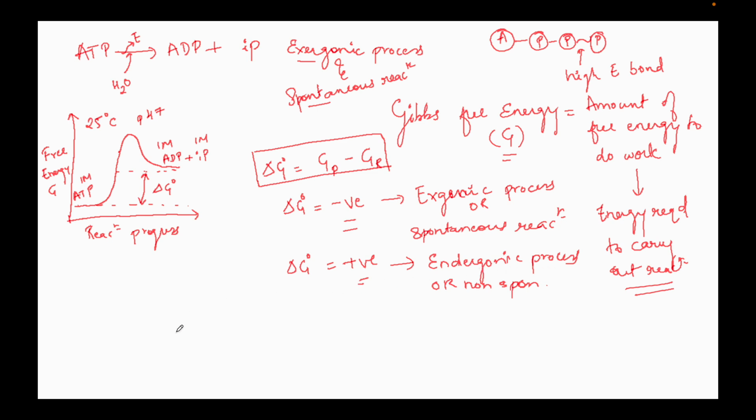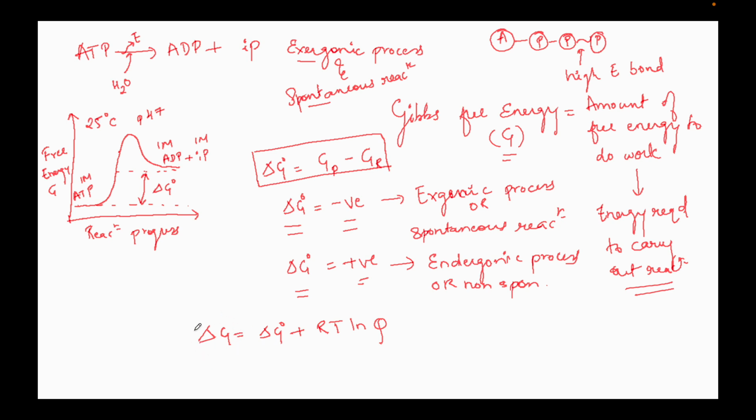So in order to understand whether a reaction can be spontaneous or non-spontaneous, we have delta G naught values. And this can be estimated using a mathematical formula given by delta G equal to delta G naught plus RT ln Q, right?